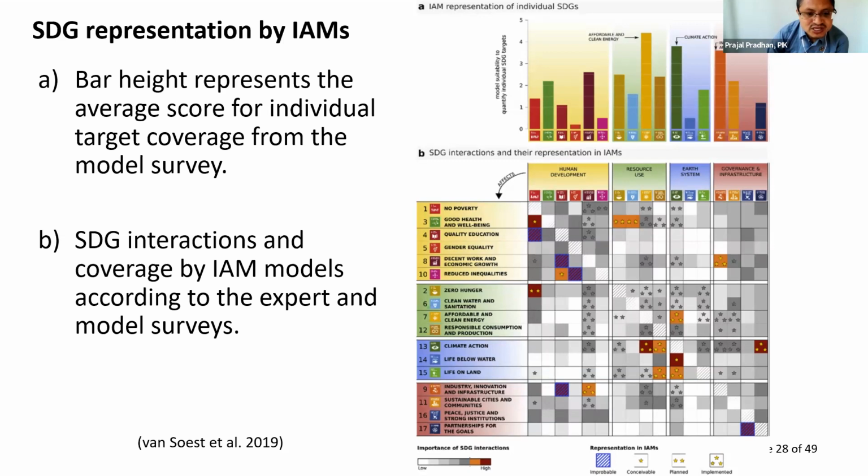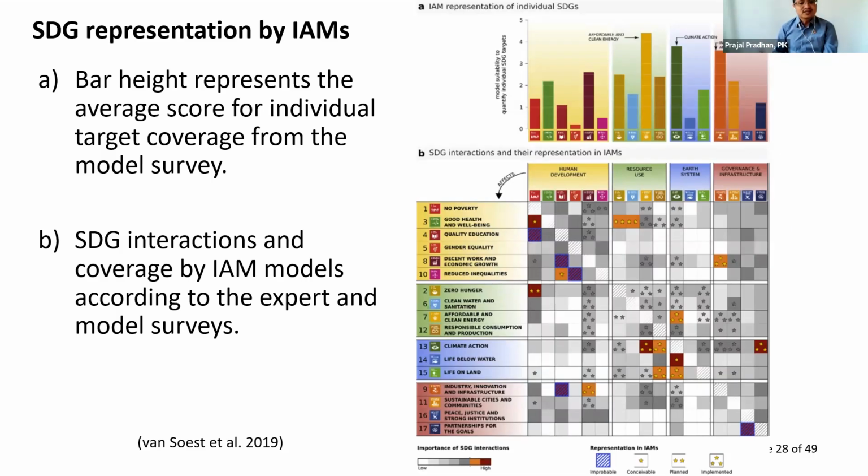What we can also see here is that when we look at SDG interactions, since these are more like process-based models, it's quite easy to see how things are interacting. But the problem is that in terms of SDG interactions, some of the interactions are there, but we also see a lot of gray, the grayish color here.